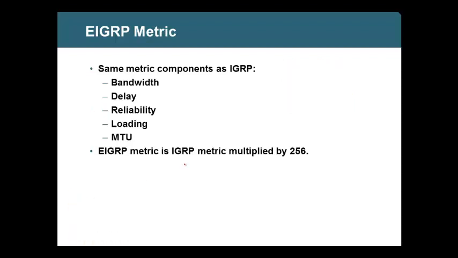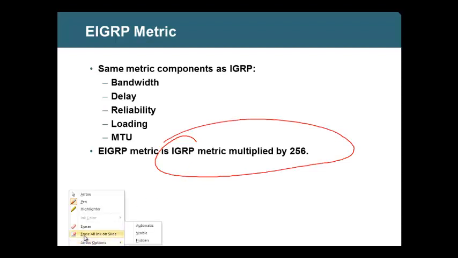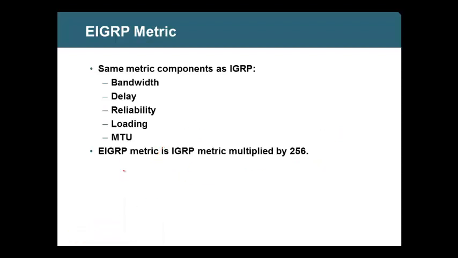This statement is no more needed for us, but I am explaining because it is there in the presentation. Before EIGRP, IGRP was also in use. IGRP is the earlier version of EIGRP, Interior Gateway Routing Protocol, whereas EIGRP is Enhanced Interior Gateway Routing Protocol.